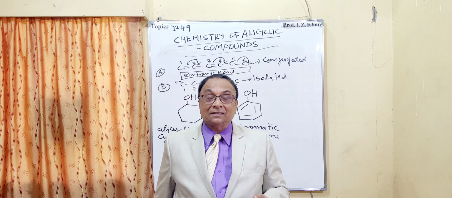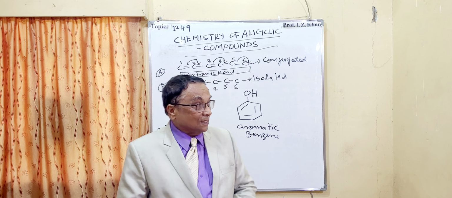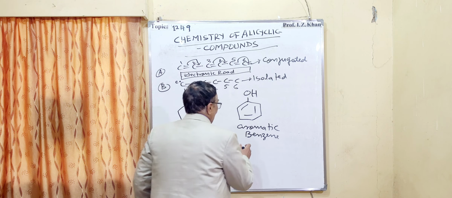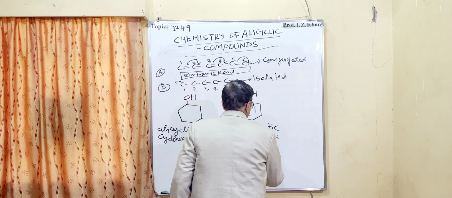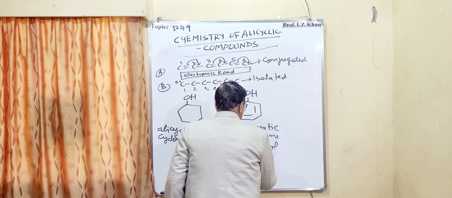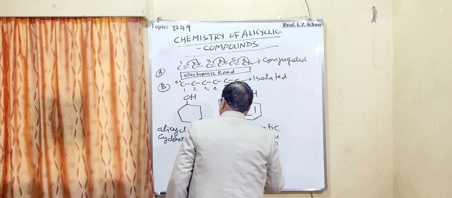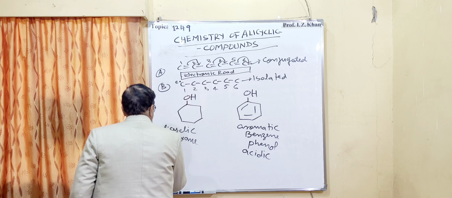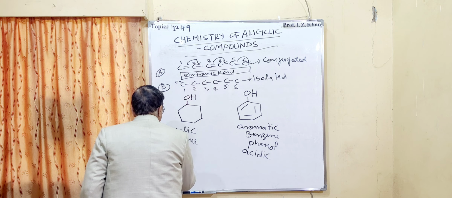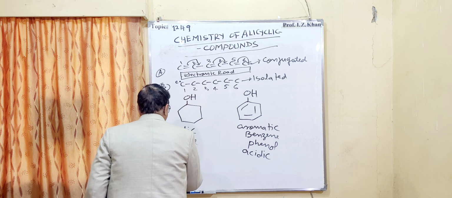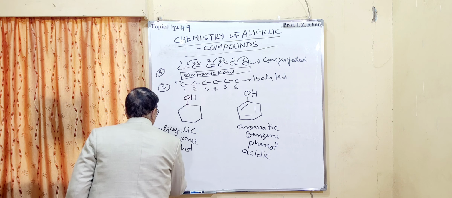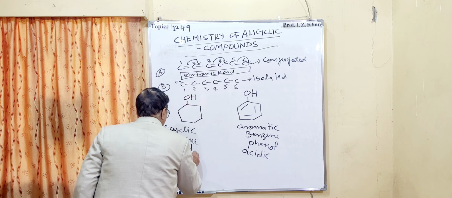So in that case, total chemistry is changed. This one we call phenol, and it is acidic. And this is called alcohol, that is your cyclohexanol, and it is basic.